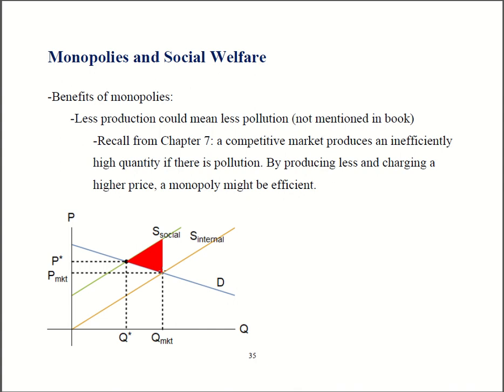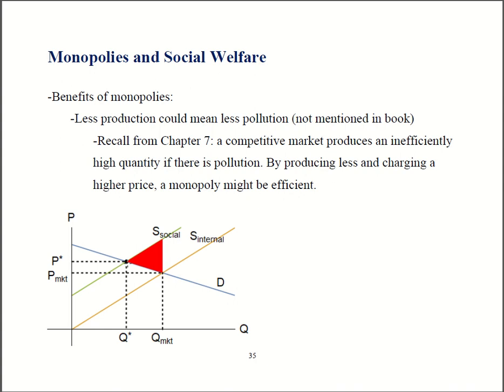Well, monopolies are different. A perfectly competitive market produces too much, and a monopolist produces too little, so that can cancel out, and a monopolist might actually be efficient.